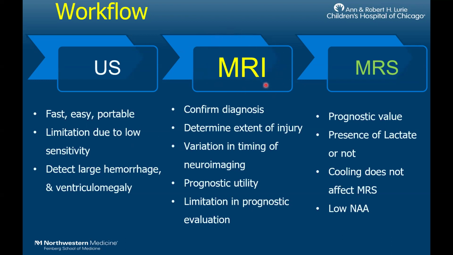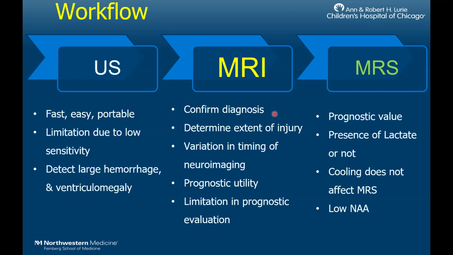And then I would say, the main thing that people want to look at is really the MRI. So MRI will help obviously confirm the diagnosis. It'll help determine the extent of the injury, and it will define anatomically where the injury is occurring.